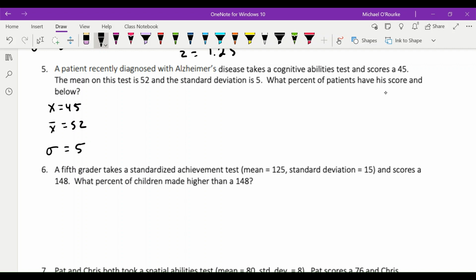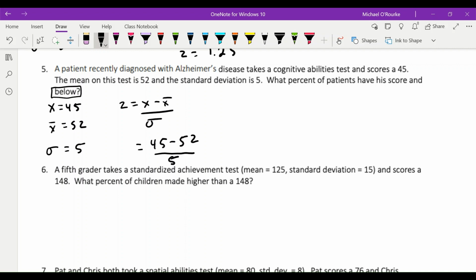What percentage of patients have his score and below? Okay. So we're looking for below, so we don't have to adjust anything. So our z-score is x minus the mean divided by standard deviation. So that is 45 minus 52 divided by 5.